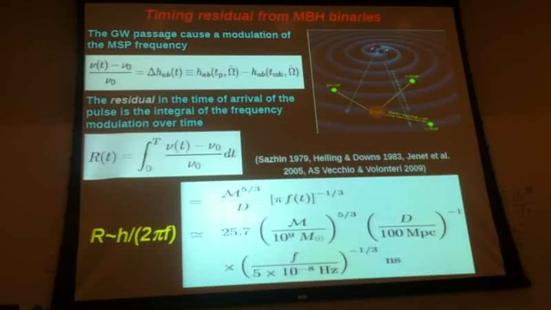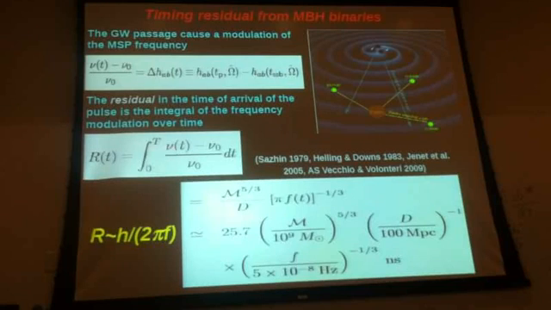In practice, what happens is that you have a dephasing of the pulse, which is proportional to the difference of the amplitude of the wave at the pulsar and at the Earth. And when you measure your time of arrival, you have to integrate that dephasing over your observation time. And this is what gives you the time residual. Okay?